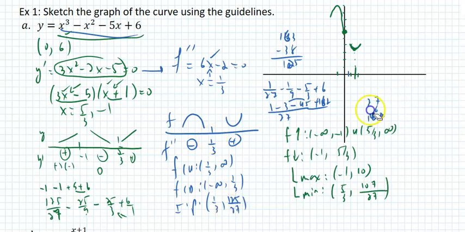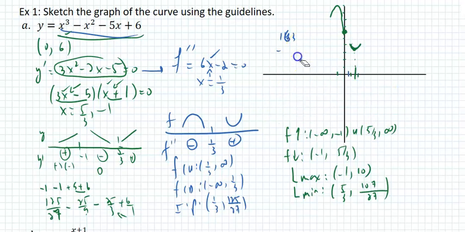Because it doesn't make sense for the inflection point to be below the minimum, it doesn't make sense for the y value. This was 107 over 27. This is 125, a bit higher. So it's about right there.